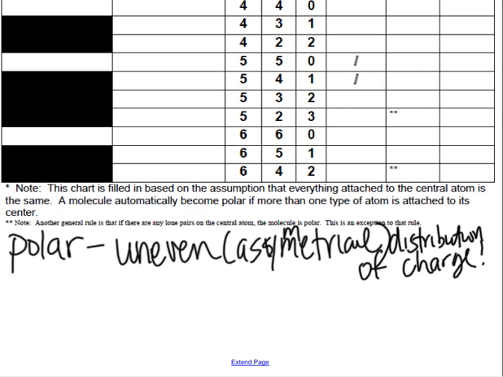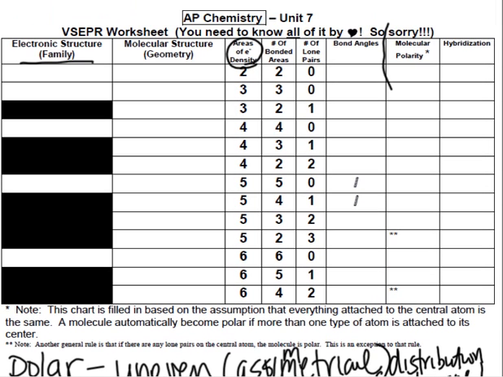That is crucial. So, as we go down this table, and again, sorry at home, this is not filled in for you, but you can go fill it in, or go talk to your teacher, or go look in your textbook, lots of options. Molecular polarity.